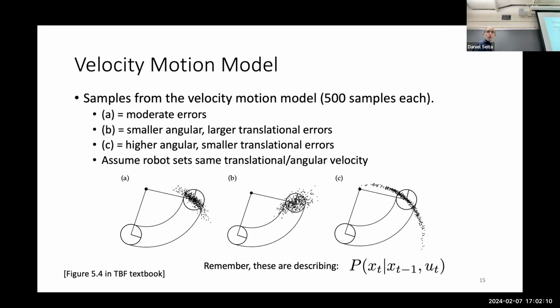So if we have our 2D robot and we assume there are higher angular errors, then the angular error determines how much it rotates. If you have some error in the angular velocity, instead of consistently going in the same rotation, it could go here or here or here.